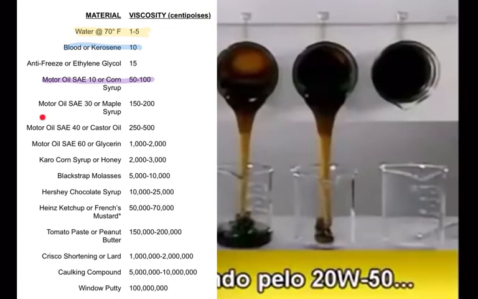And we could go up to thicker oils like SAE 40, which is like castor oil, a type of medicine, maybe similar to some medicines. And we can get higher and higher, and you can see down here at the bottom we have caulking compound, which does squeeze out of a tube and is a liquid, but it's hard to tell that it's a liquid. It's so thick.